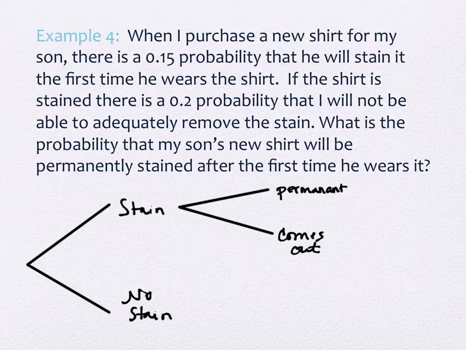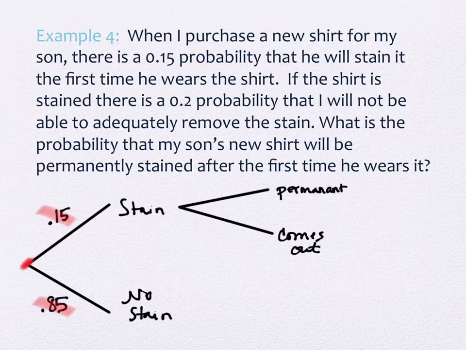It says, what's the probability that he stains it? 0.15. So if there's a 0.15 probability he stains it, what's the probability he doesn't? 0.85. Nathan, how'd you get that? Yeah, and I also mention this one right here at this point because I want you to remember that every set of branches that comes off of a single node has to add up to 1.